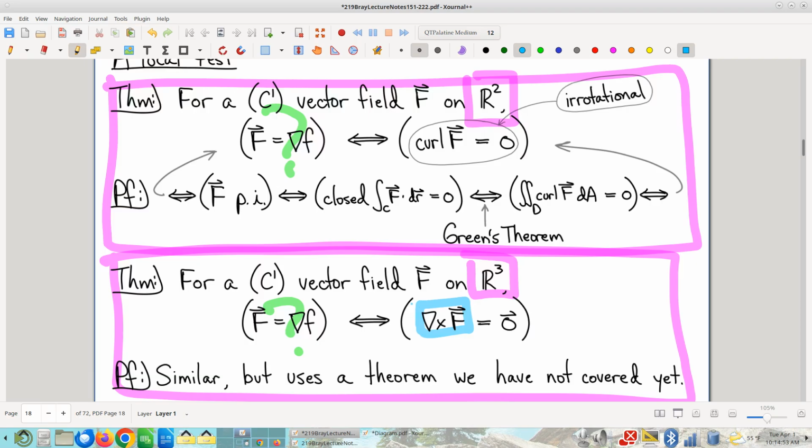Del cross, right? Not to be confused with 2-dimensional curl. These are highly analogous, but nevertheless importantly different operators, right? I mean, three-dimensional curl is a vector field. Two-dimensional curl is a scalar-valued function.